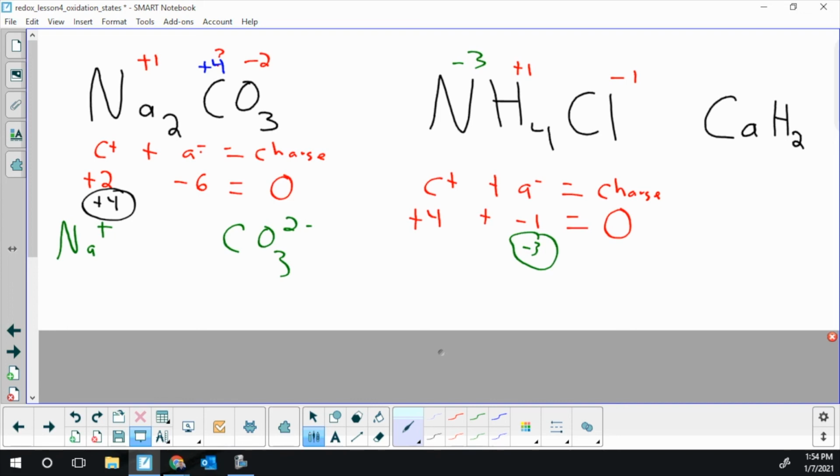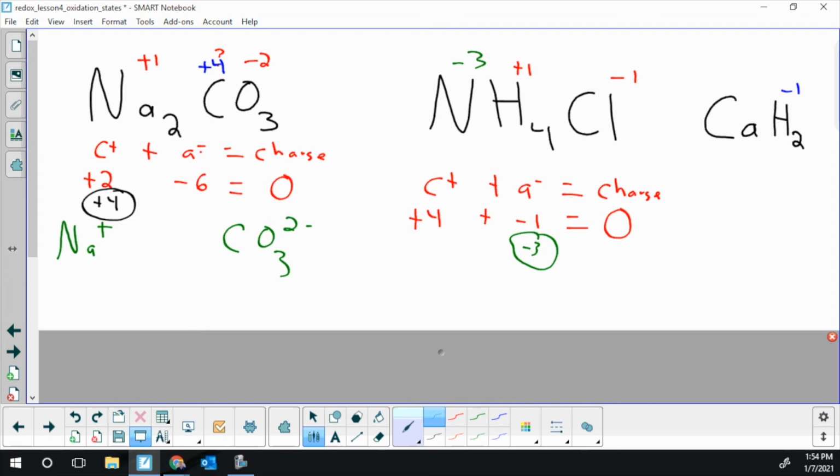Last example, the rules kind of give us both numbers. We've got calcium hydride. This is the one rare time where hydrogen is paired with a metal. When you see hydrogen paired with a metal, it's not +1, it's -1. Okay? Now that makes sense. We end up with 2 ions here. We've got a metal and a non-metal.